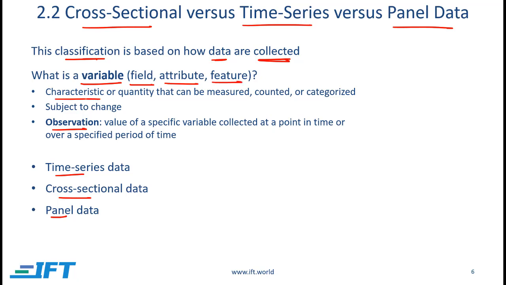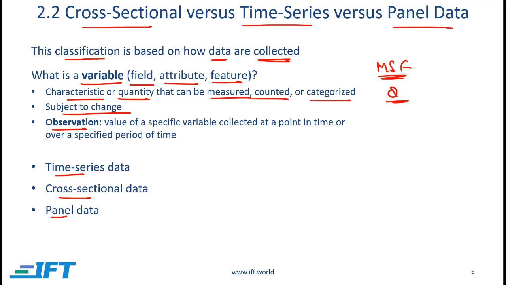This is a characteristic or quantity that can be measured, counted, or categorized, and a variable is subject to change. So, for example, if we are studying Microsoft stock, the return of this Microsoft stock in a given quarter can be considered a variable.